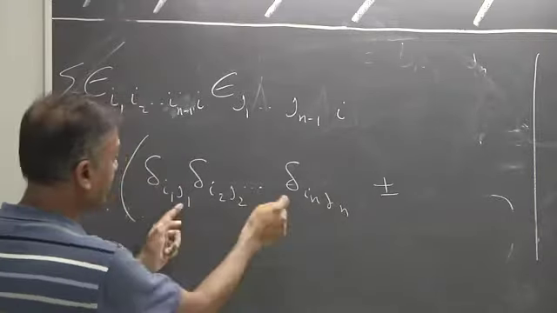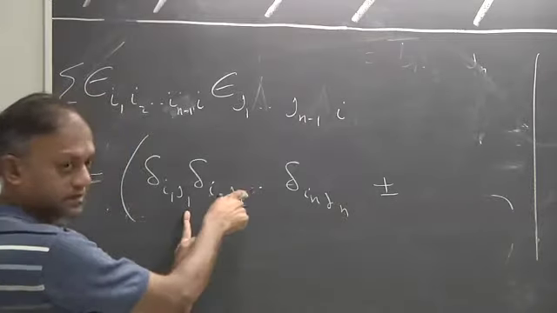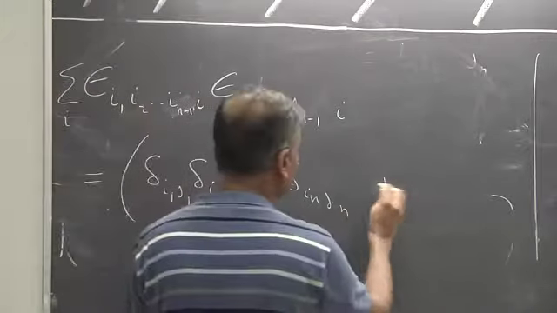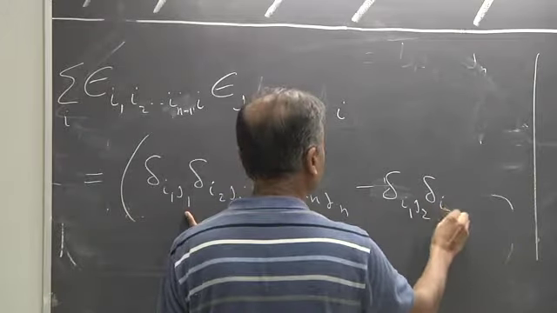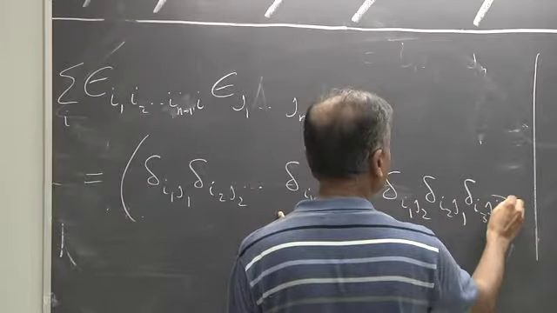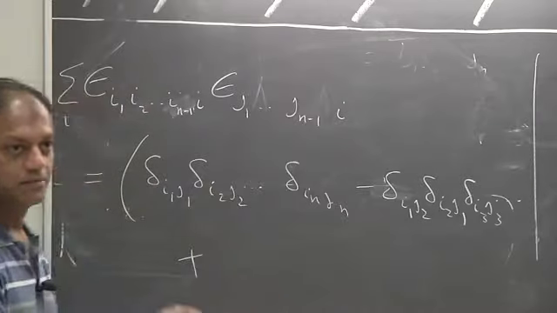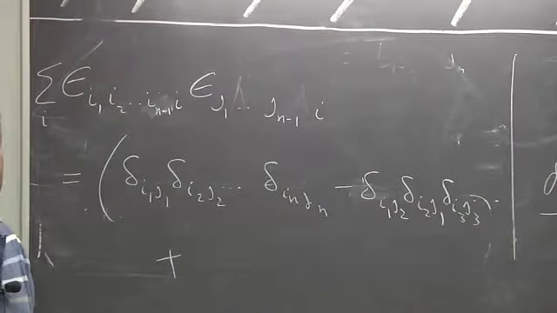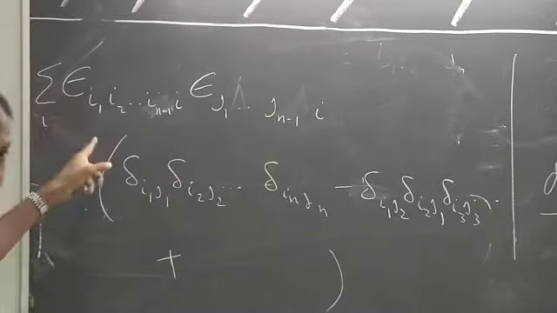For example, another term would be exchanging J1 and J2, keeping I1, I2 fixed. So there will be another term which is minus delta I1 J2 delta I2 J1, keeping all the remaining terms the same, I3 J3 etc. Take all the permutations this way, with a minus sign for the odd permutations and a plus sign for the even permutations. That is the answer.